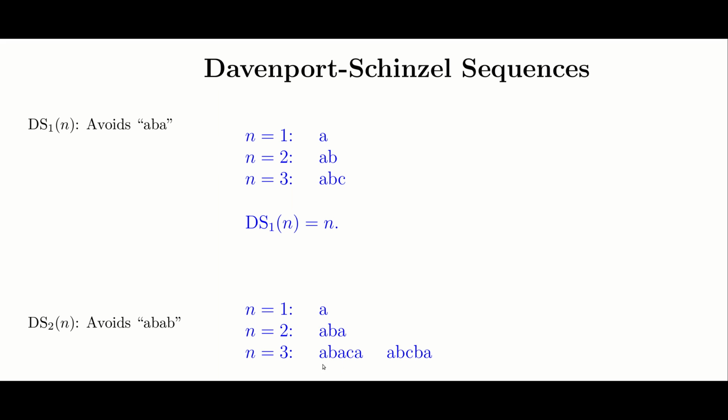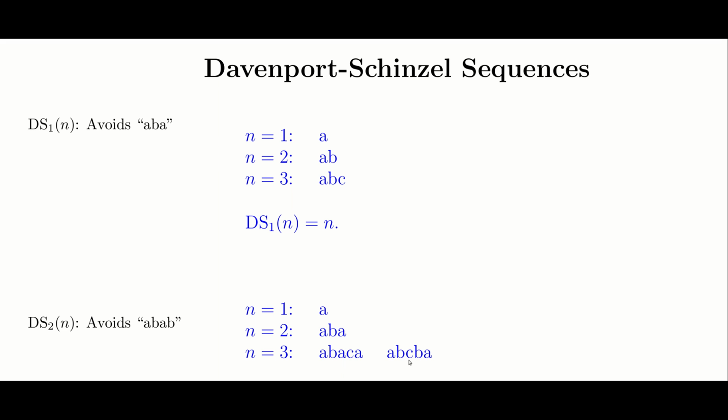For n equals 3, we have two cases, in fact. We have to start with some character, we call it A, continue with some other character, we call it B, and now we have two cases. Either we repeat A again, or we use a different character C. If we repeat A, we cannot repeat B because we have ABAB, so it has to be C. And we cannot repeat C, and we cannot repeat B again because we'd have ABAB. So it has to be A basically.